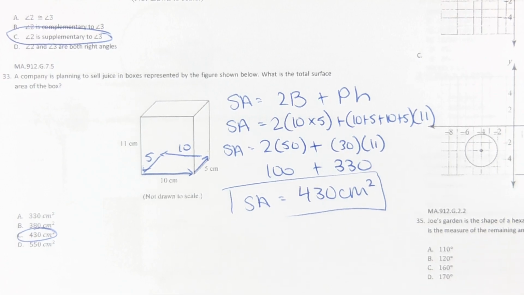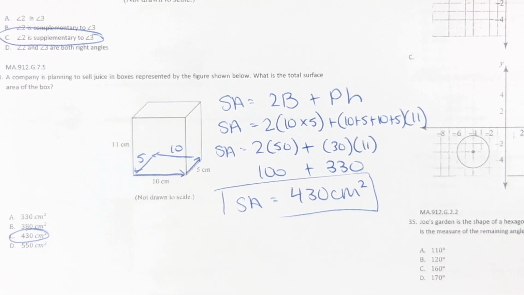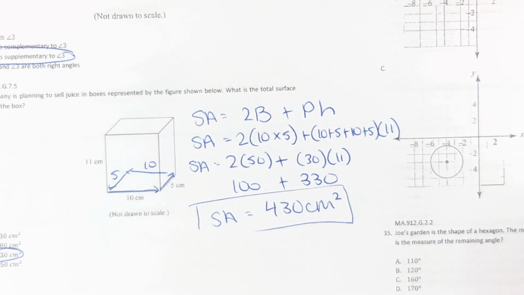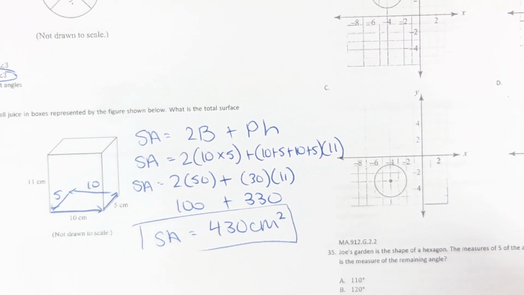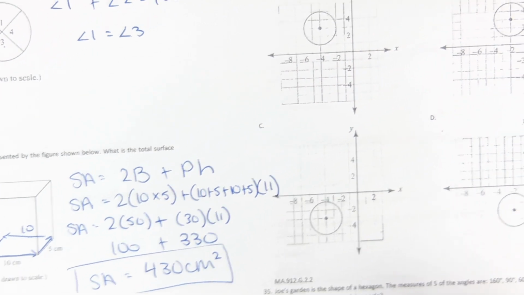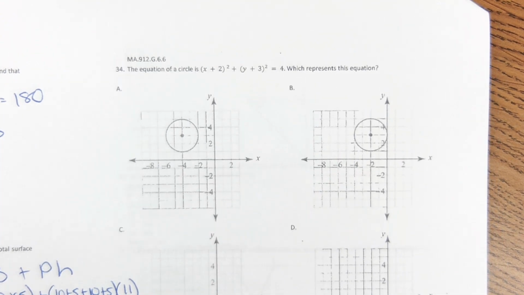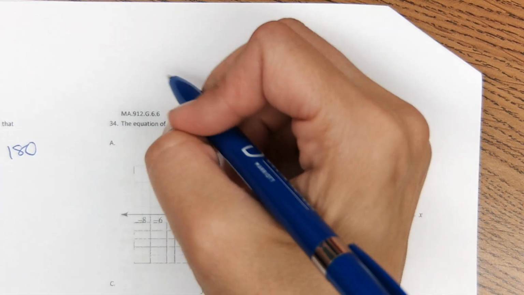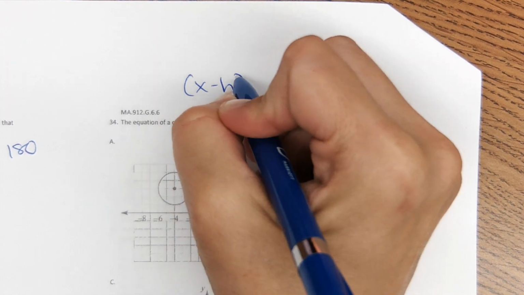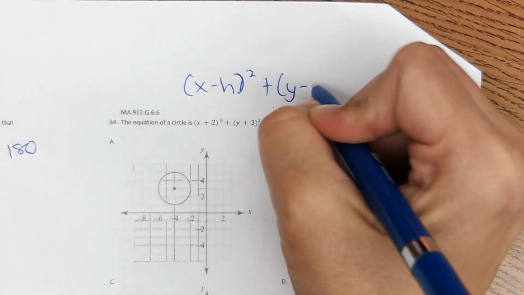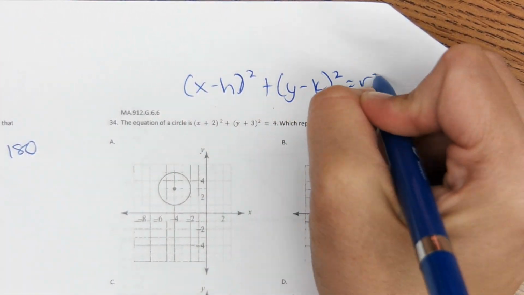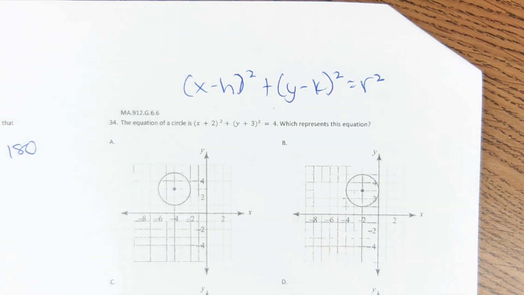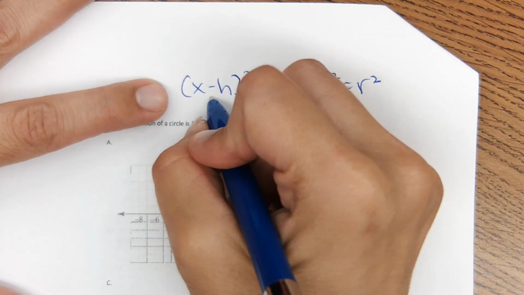And 34 is next. Okay, 34. Equation of a circle, which represents this equation. So in an equation of a circle, x minus h squared plus y minus k squared equals r squared. This equation is not on the reference sheet, so you do have to have it memorized.